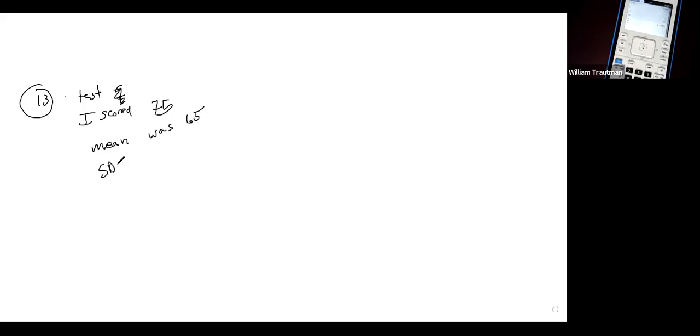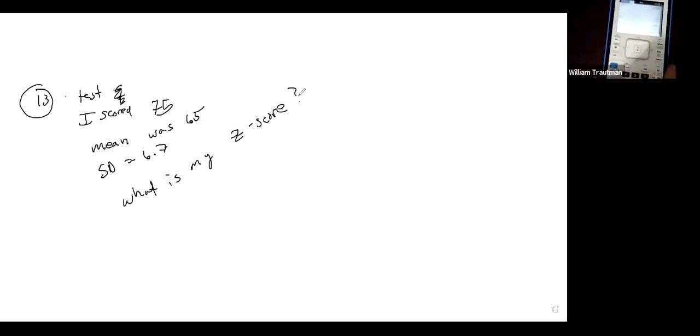Standard deviation equals 6.7. What is my z-score? The mean is 65, standard deviation is 6.7. What is my z-score? So first you've got to look up the formula for z-score.